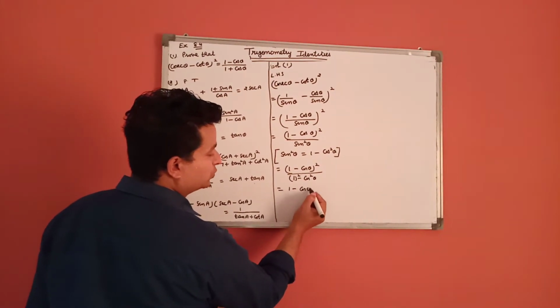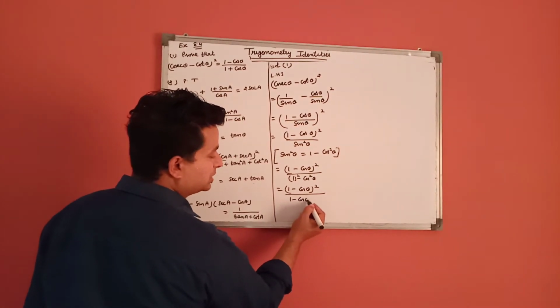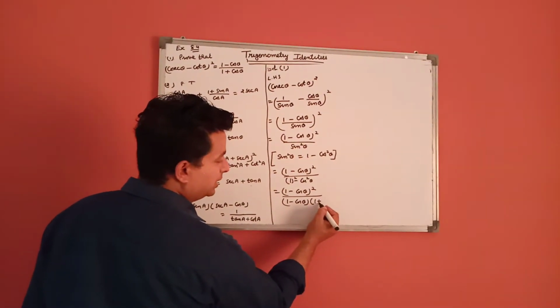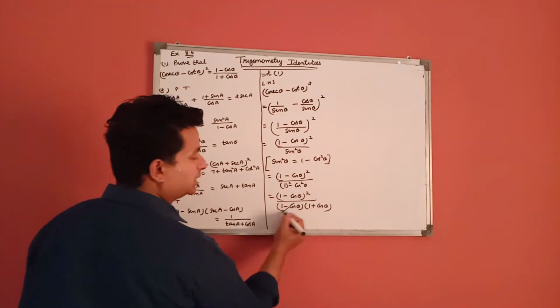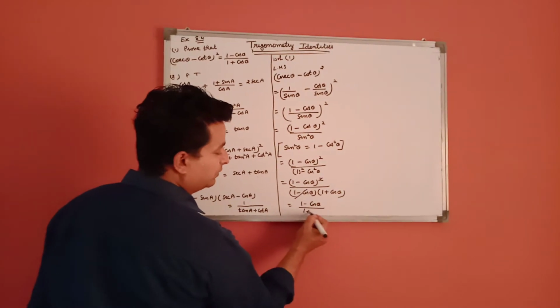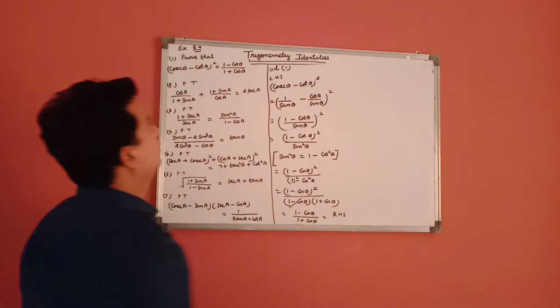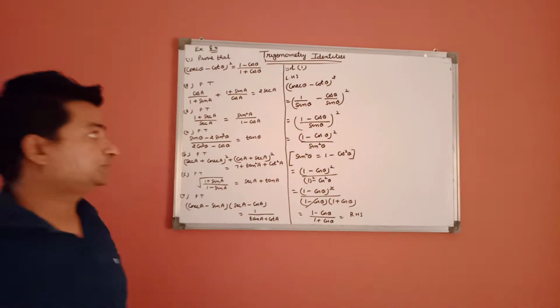In this we use the identity A square minus B square, which is equal to (A minus B)(A plus B). This one cancels out, (1 minus cos theta) over (1 plus cos theta). This is the right hand side of question number 1.